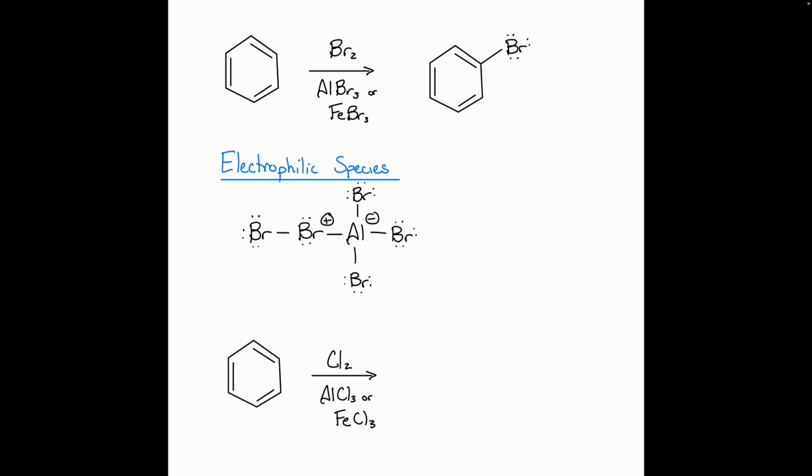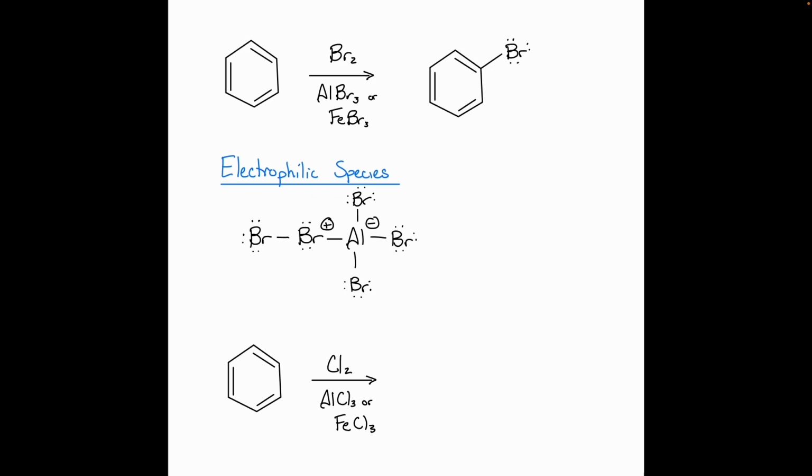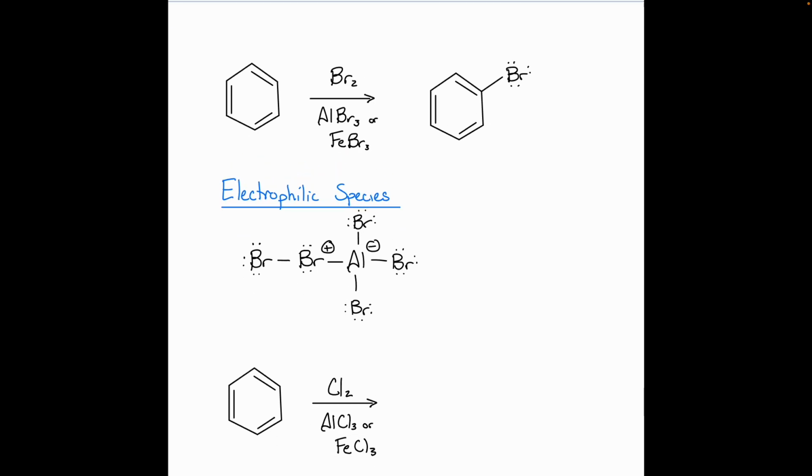Yep. All right, so these are our two halogenation reactions. You can put a halogen on a benzene ring, either creating bromobenzene or chlorobenzene.